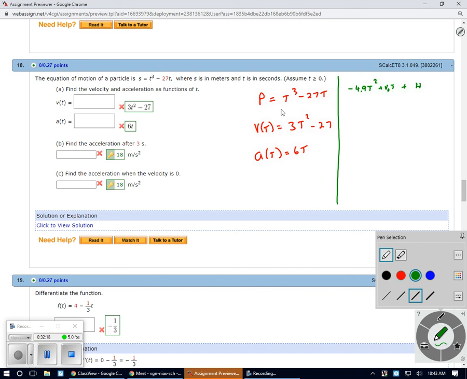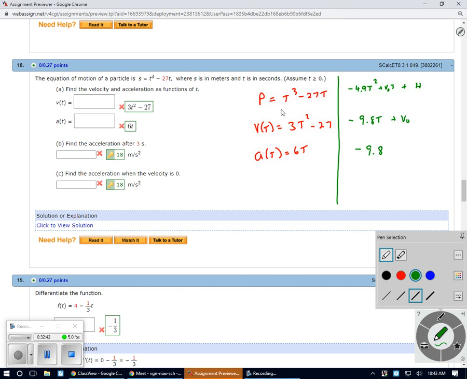That's where an object is. Its velocity in free fall is negative 9.8 t plus your initial velocity. And the acceleration due to gravity is negative 9.8. I'm just showing you that it fits what we know about gravity, what Isaac Newton came up with. There's my position, there's velocity, there's the acceleration.